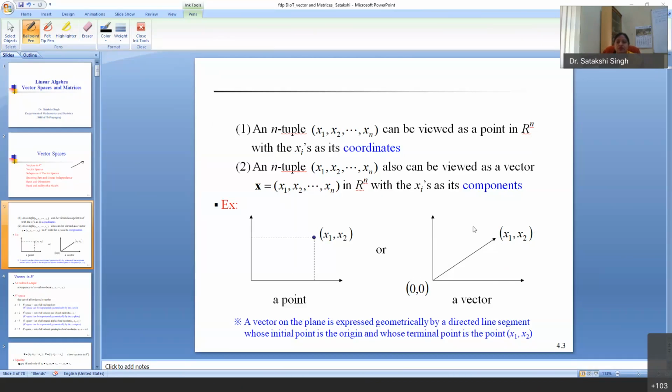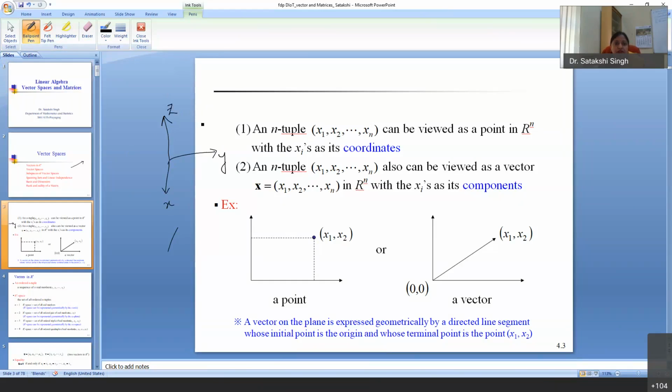So let us say you want to represent a vector in one dimension, then that is nothing, just the real numbers themselves. And if we represent the vector in two dimensions, then this is a point x1, x2. Similarly, in three dimensions, we have the x-axis, the y-axis and the z-axis.